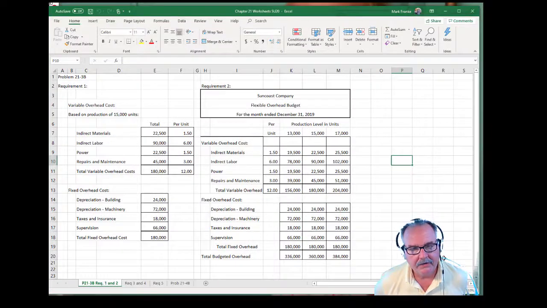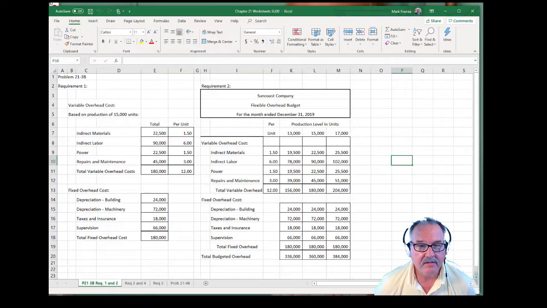Okay, so now we have a flexible budget at different levels of production, and they gave us actual results. So we are going to compare what actually happened to our plan, our budget, so we can make sense of why things were different than we expected them to be.